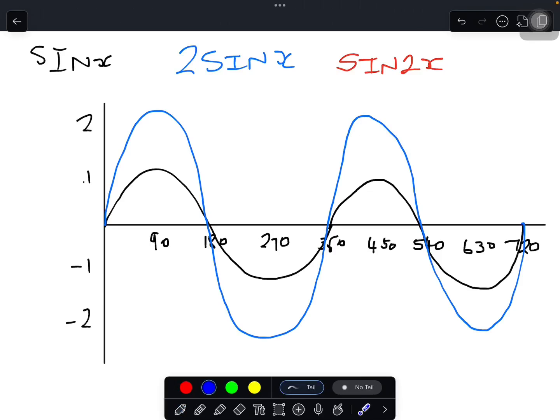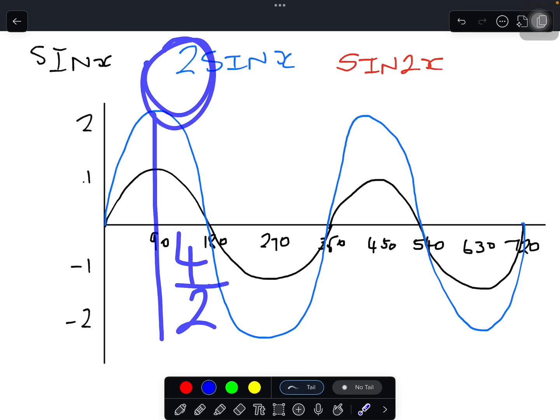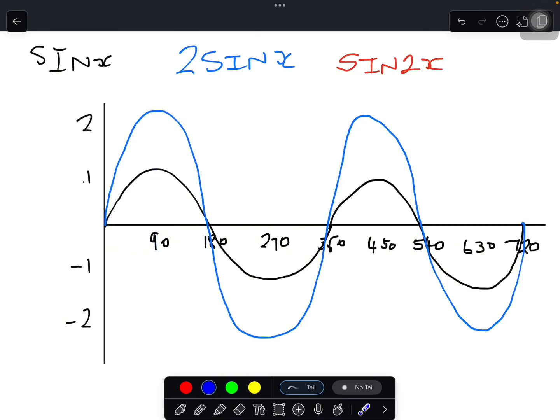If we look at this, from our highest point to our lowest point there's a 4 unit difference. Can you see that? 4 units. So we take this 4 and divide by 2, and we get the amplitude in front. This is what tells you the amplitude of the function.